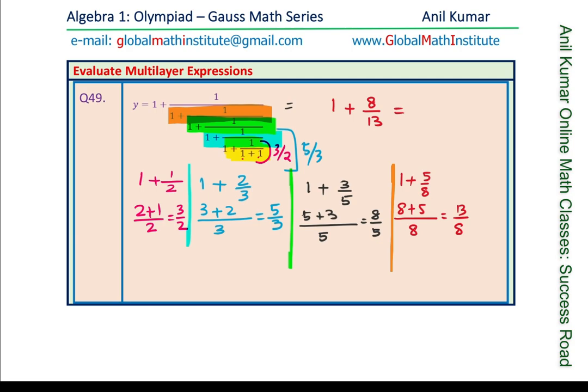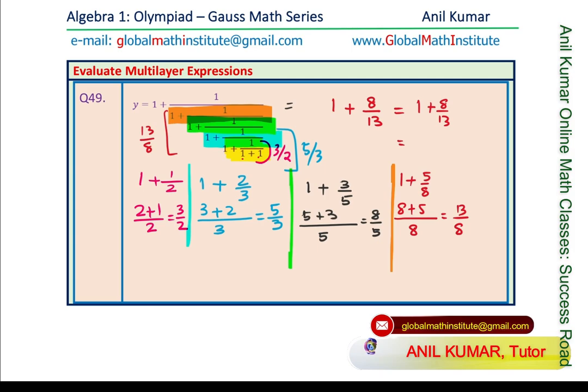Makes sense, right? So taking 8 on the top, we have 1 plus 8 over 13 here. And now 13 is my denominator, and I have 13 plus 8 in the numerator.